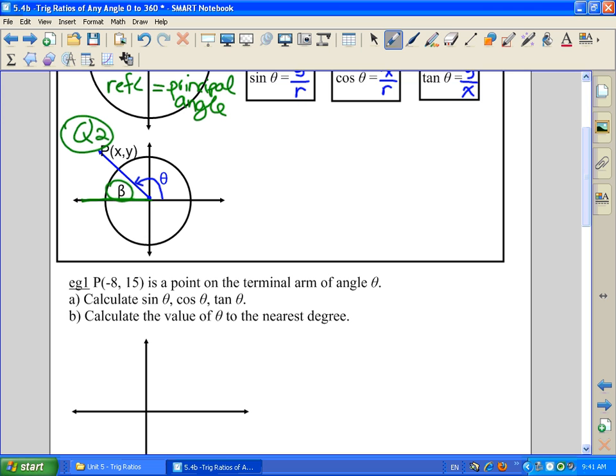So in this case, beta is going to be the reference angle. And again, they use different symbols. Beta does not necessarily always indicate reference angle, and theta doesn't always indicate principal angle, but we're just looking at this diagram, okay? And in this diagram, theta equals the principal angle.